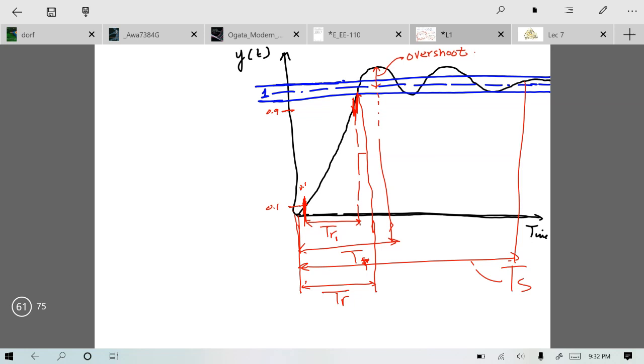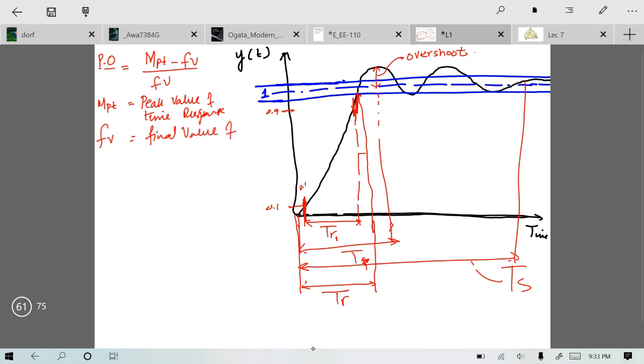The percentage overshoot is basically MPT minus FV divided by FV, where MPT is the peak value of the time response and FV is the final value of the time response.